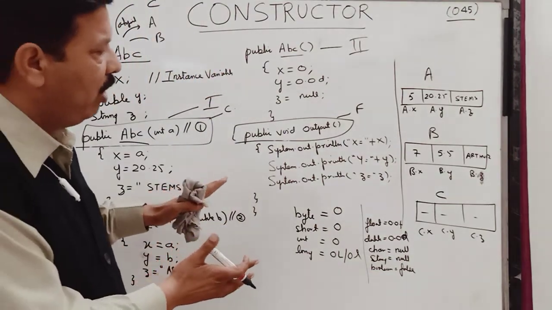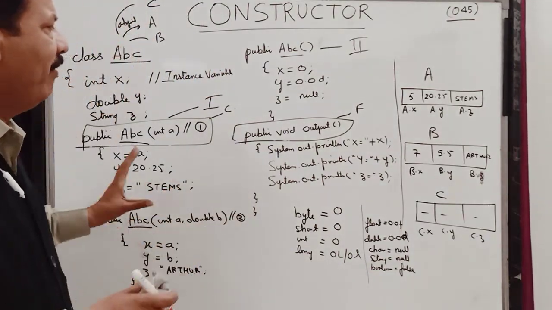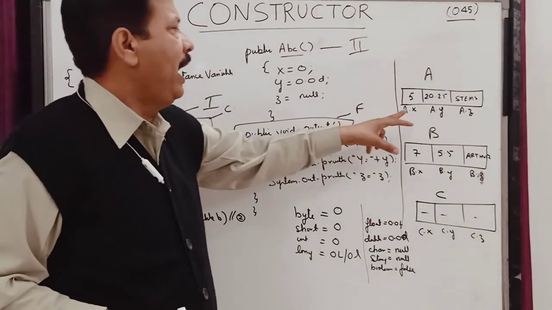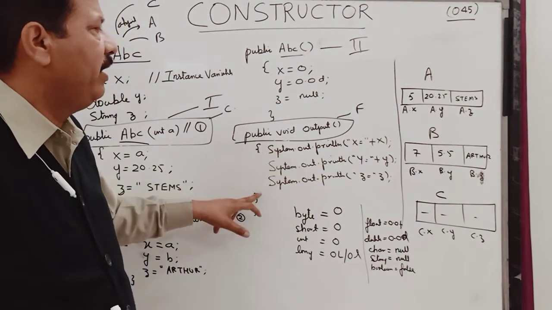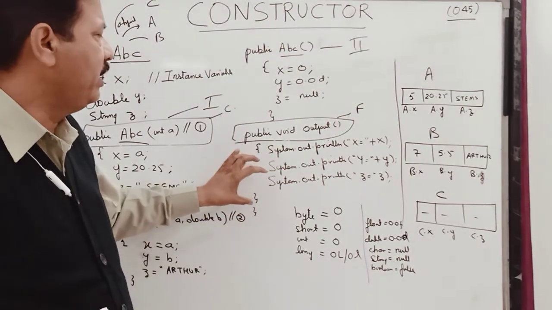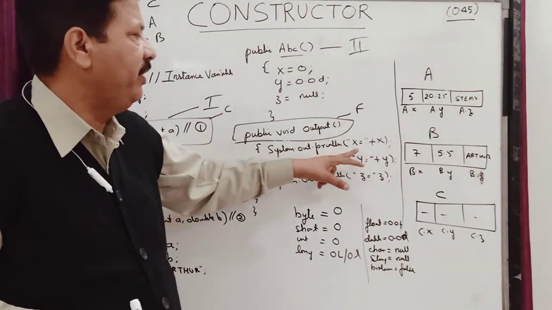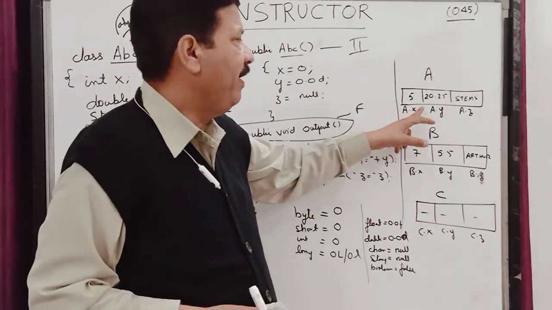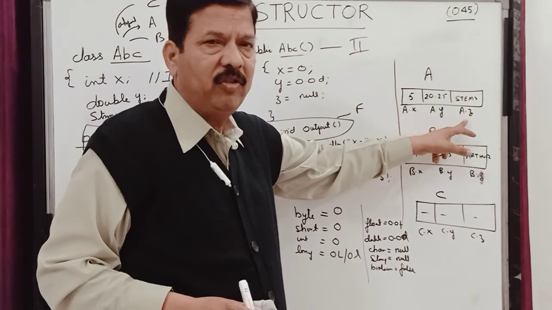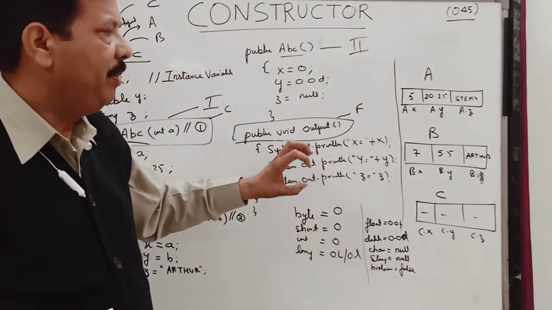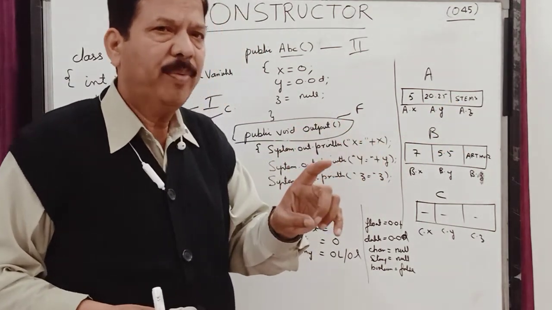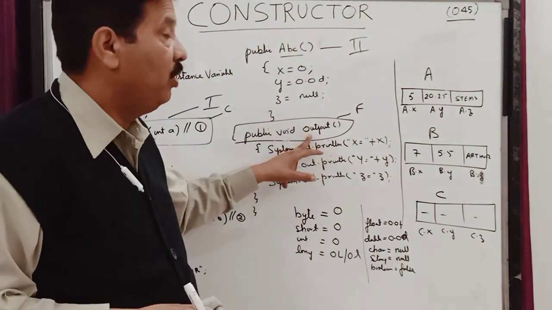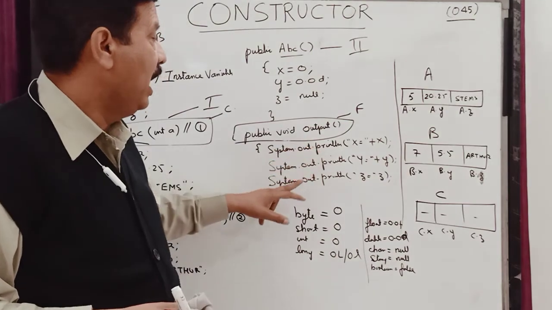So these are the default values which are created. Since I create an object A and I come to this function and execute this function which contains the print statement, since I am printing through object A, the values of x, y, and z get printed. If I make object B and I right click and execute the output function, I will get these values.